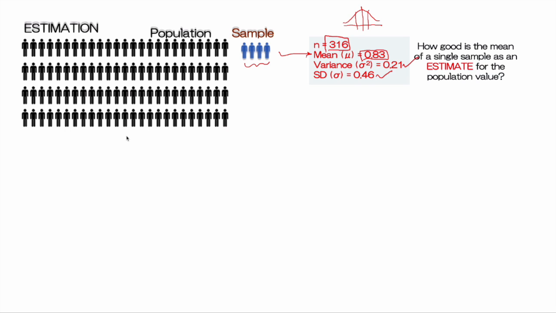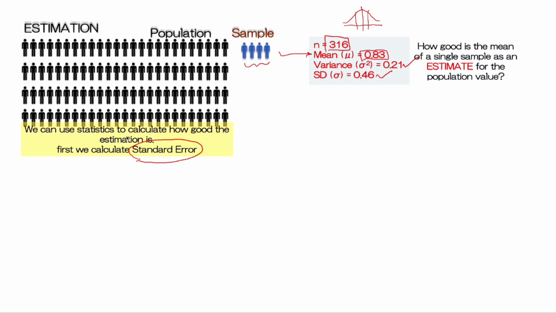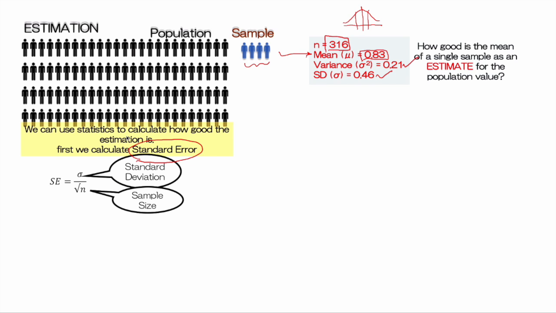We calculate a factor called the standard error to go further in judging how good the estimation is. The standard error is the standard deviation divided by the square root of the sample size, and we can get all of these from the data that we have here.